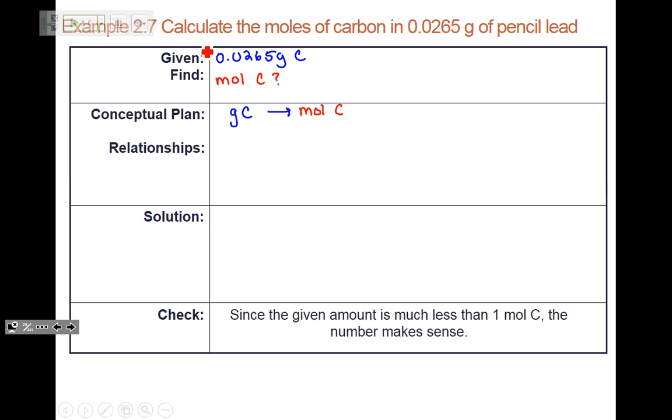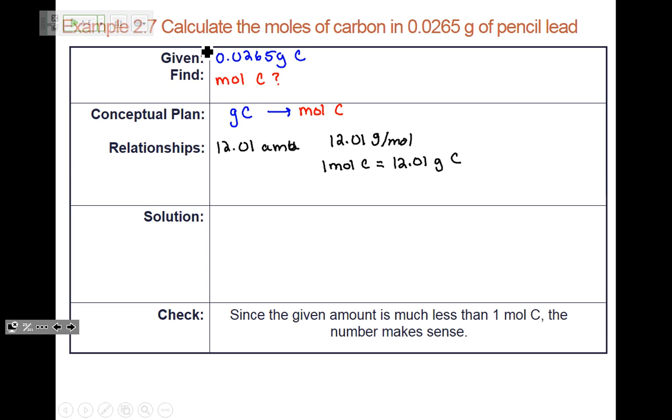The periodic table tells us that our molar mass is 12.01 grams per mole. So how is that a relationship? That tells me that 1 mole of carbon equals 12.01 grams of carbon. That's my relationship. For every 1 mole, I have this many grams.